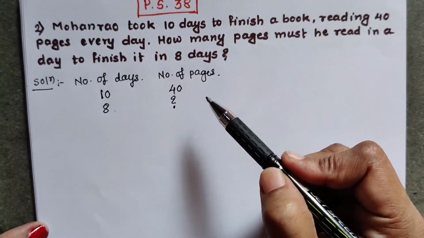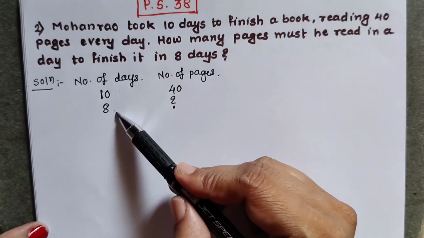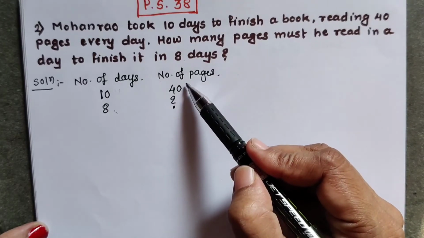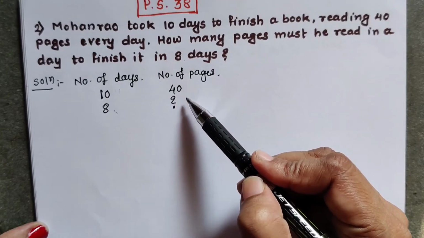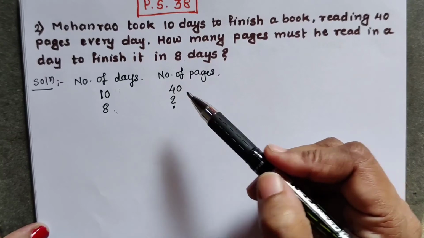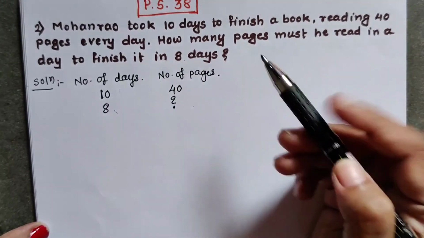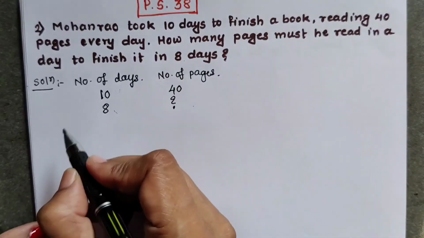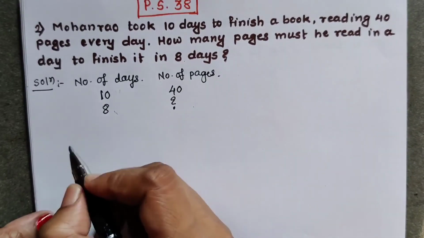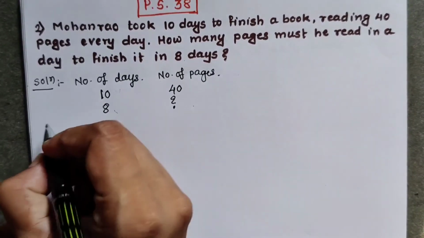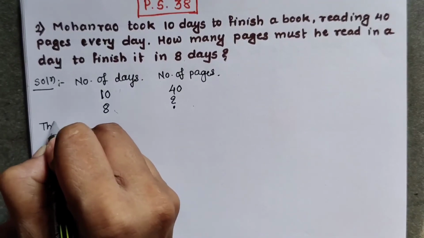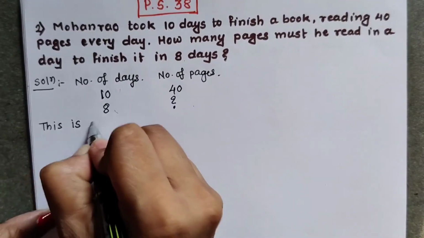So the days are decreasing, but the number of pages he has to read should be increasing. So one quantity is decreasing and the other quantity is increasing. That means it is an example of inverse variation. So we write here, this is an example of inverse variation.